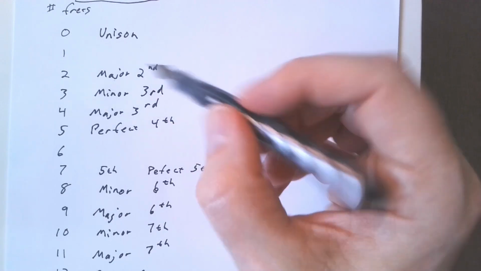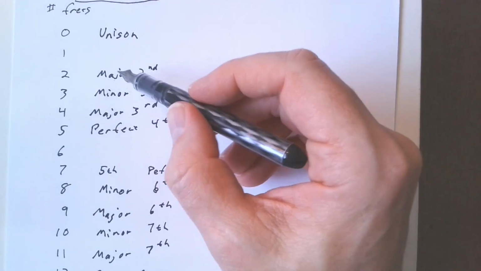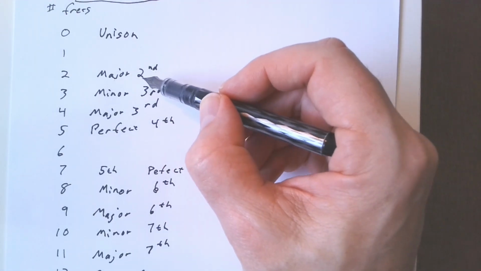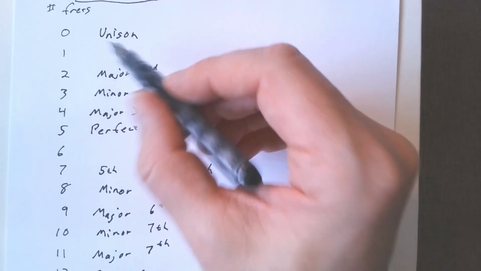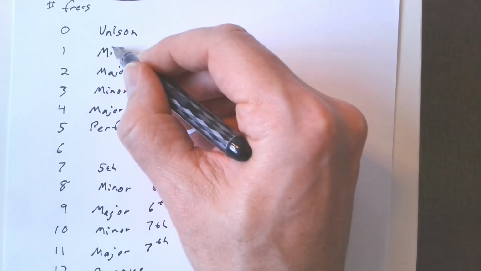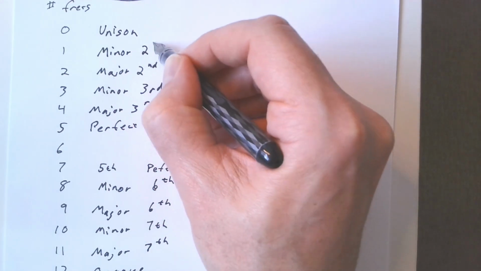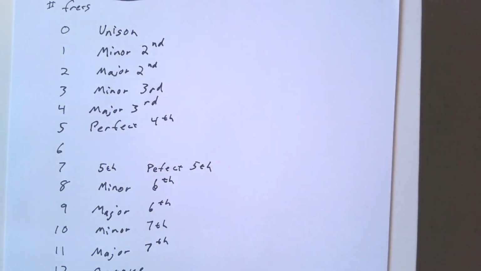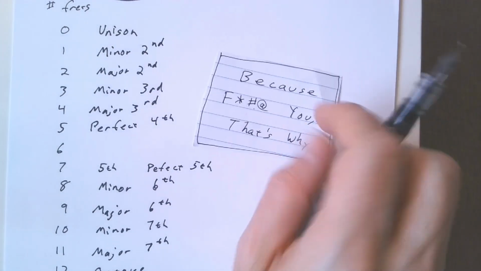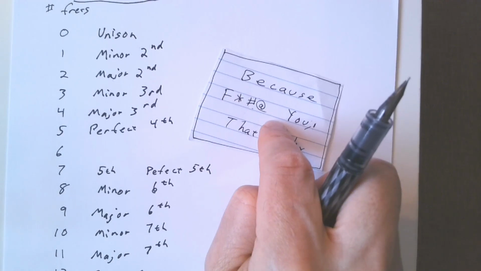Second is a little odd because the major and the minor scales both use the major second. What do we call this one? We call this one the minor second. Now, why is it that the minor scale does not use the minor second, it uses the major second?